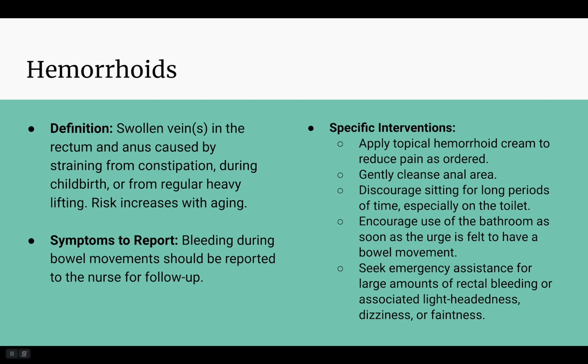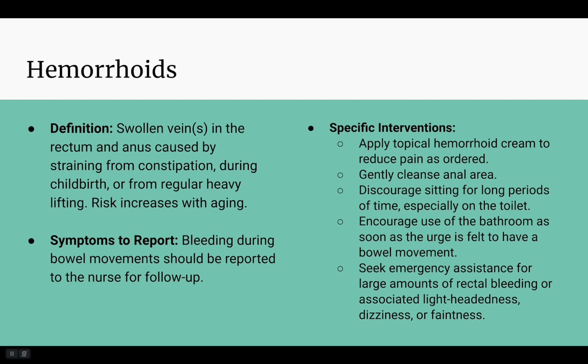Risk increases with aging. Symptoms to report: bleeding during bowel movements should be reported to the nurse for follow-up. If a hemorrhoid becomes strangulated or a clot forms in a hemorrhoid, it can cause severe pain, swelling, inflammation, or a hard lump near the anus and should be immediately reported.